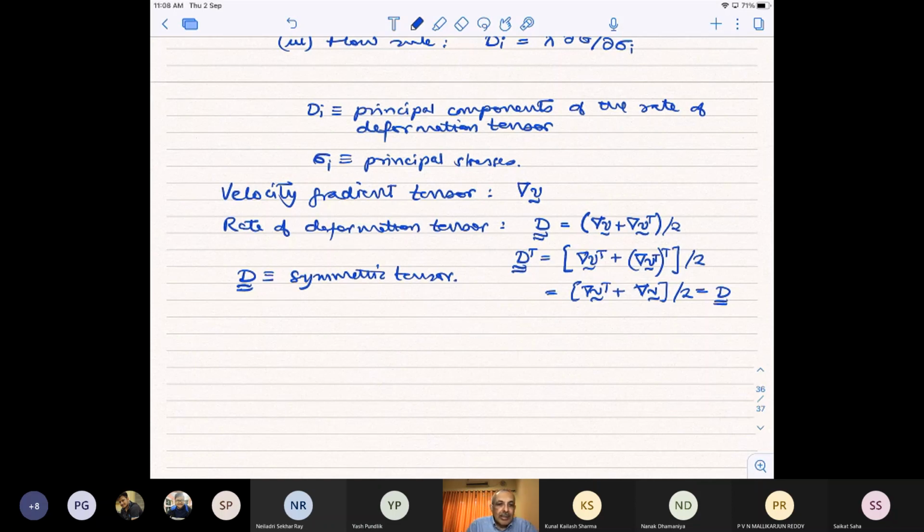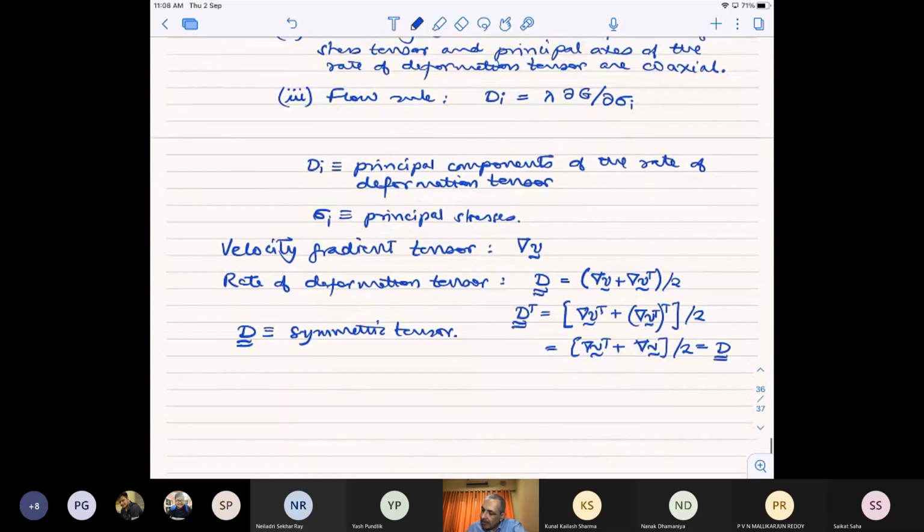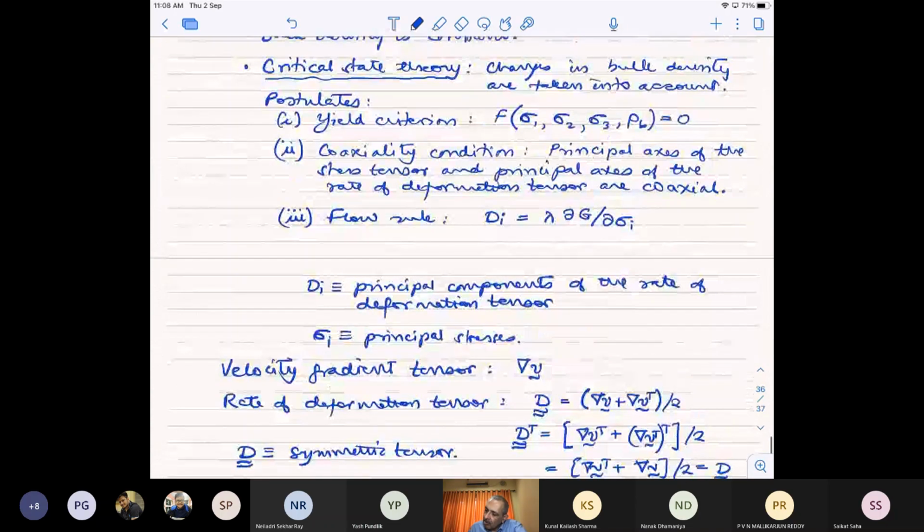So these are the things that we will look at, and really what this theory does is, because the yield function is a function of density, you can get explicitly the density in the system, and then this tells us something about the rate of strain tensor.